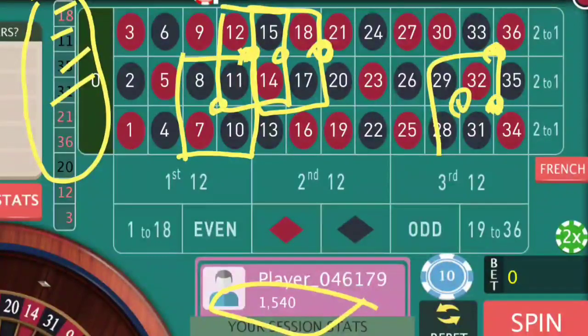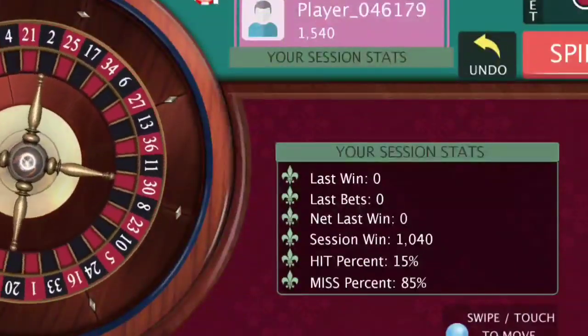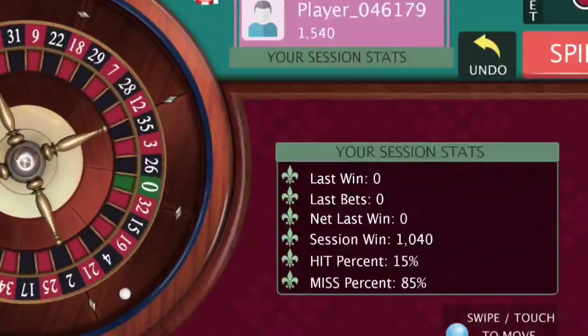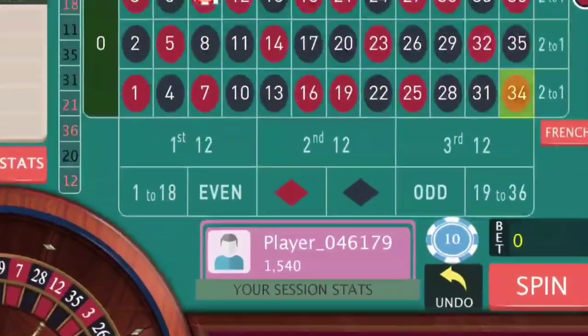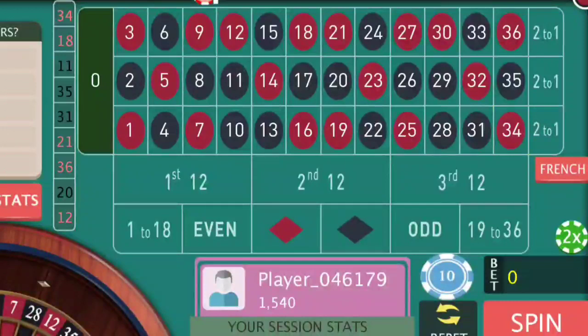So in this way you have to cover the table, at least half of the table or a little bit more than half of the table, and you have to increase the bet after every loss until you hit your target. And once you increase the bets, you have to go with the higher bet amount until you hit the target. So this is the strategy.